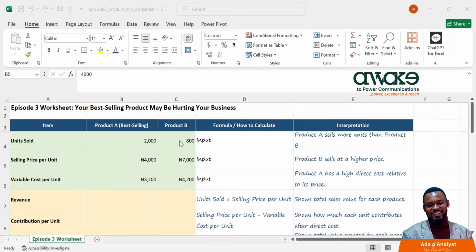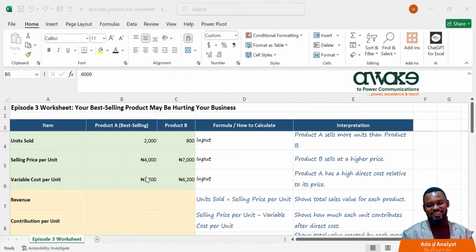Product A may have a low unit margin. Why does it have a low unit margin? You can see the selling price is 4,000. The variable cost per unit is 3,200. This product costs 3,200 to make. So the margin will be the selling price minus 3,200.